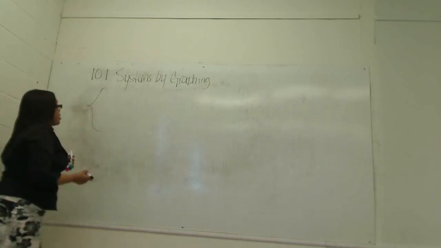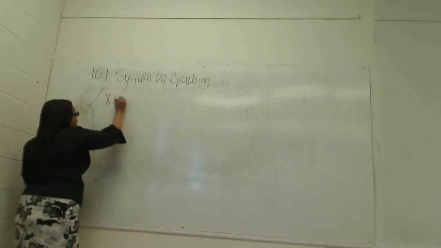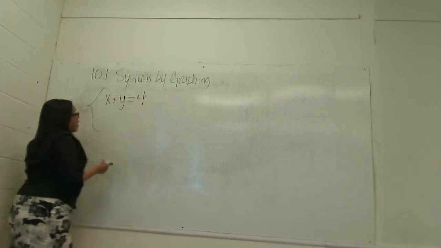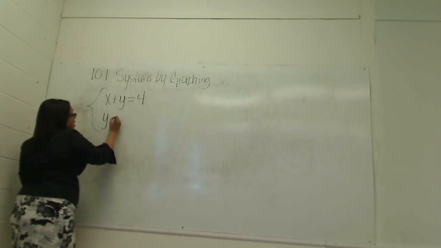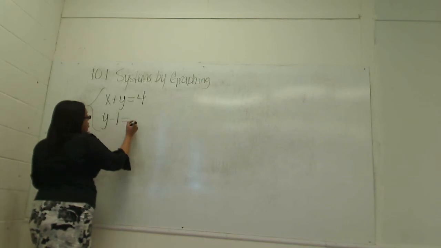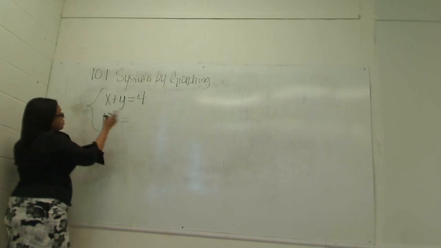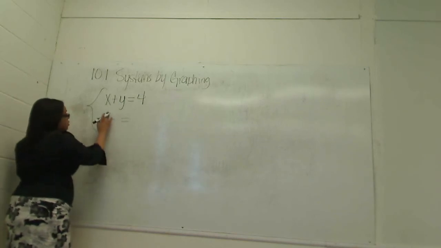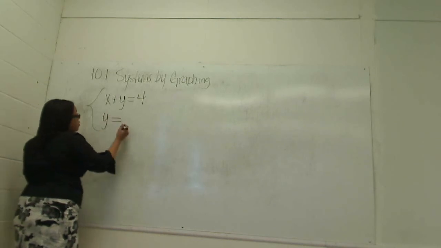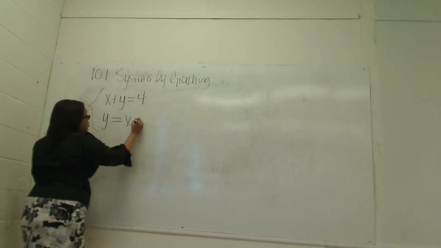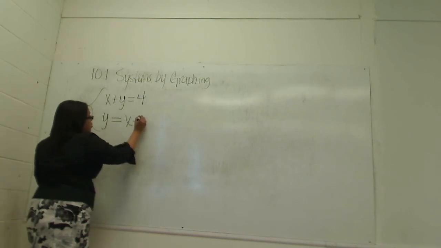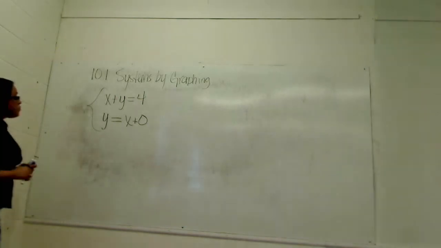I'm going to tell you that we're going to work with x plus y equals 4 and y minus 1 equals, no, that was 2 more. Okay, something like this. These are two different equations.